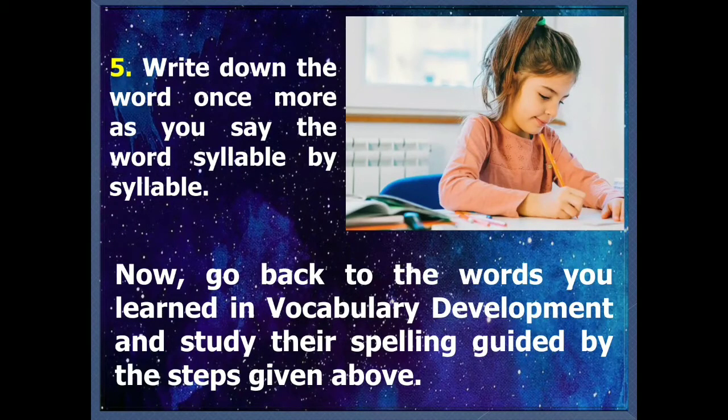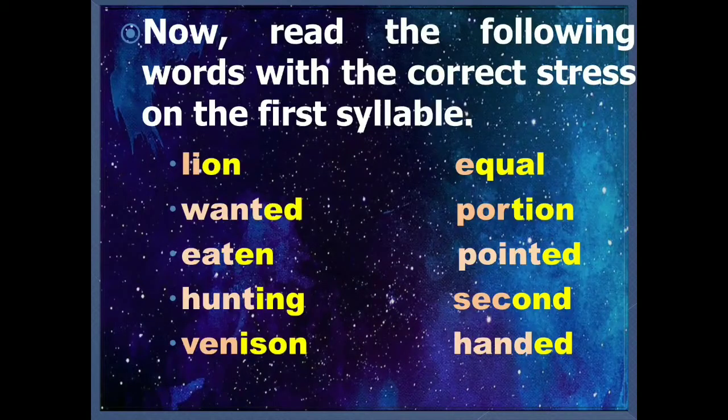So now go back to the words you have learned in the vocabulary development and study their spelling guided by the steps given above. So that's it, kids. You can apply those steps in our vocabulary development. All you have to do is follow those steps and try to spell the following words that might be included in your mastery exam.